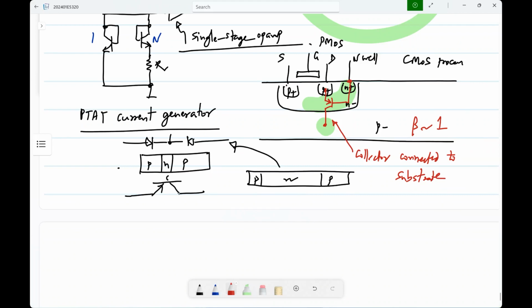What good is this transistor? Fine, we somehow managed to get some crappy transistor in the CMOS process, but what will I do with it? Can we use it for any circuit? How will I use it in this circuit? Is it possible?